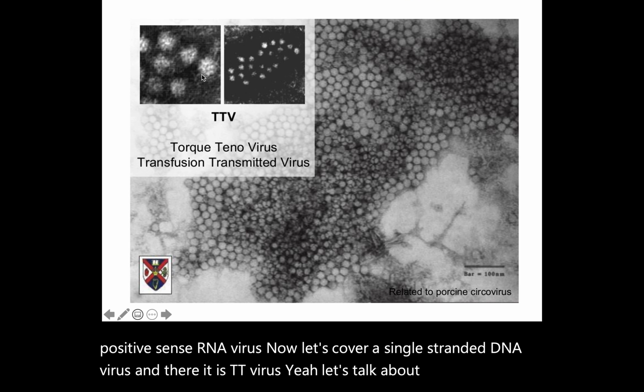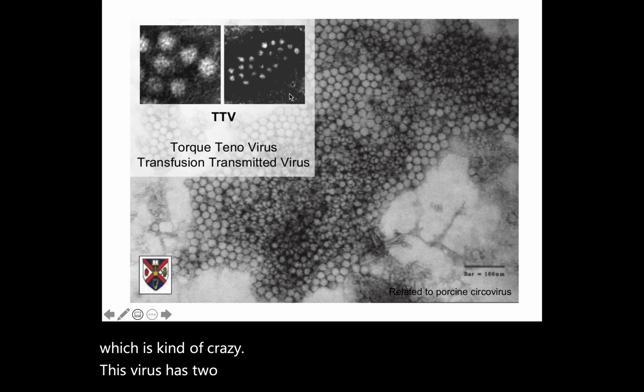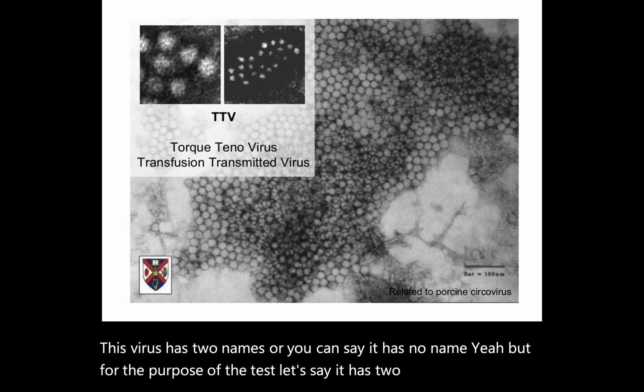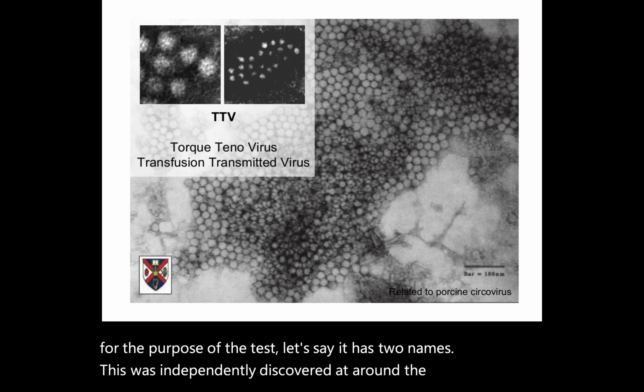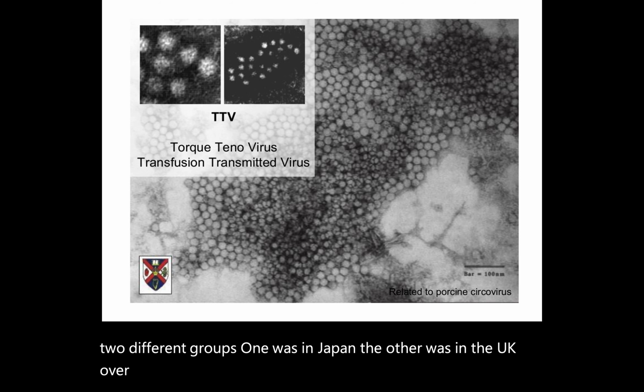So, shown up at the top, this is still, I think, the best picture we have of TT virus, which is kind of crazy. This virus has two names, or you can say it has no name. But for the purpose of the test, let's say it has two names. This was independently discovered at around the same time by two different groups. One was in Japan, the other was in the UK, over in Europe. One group called it Torque teno virus, and you'll still see that in the literature sometimes.